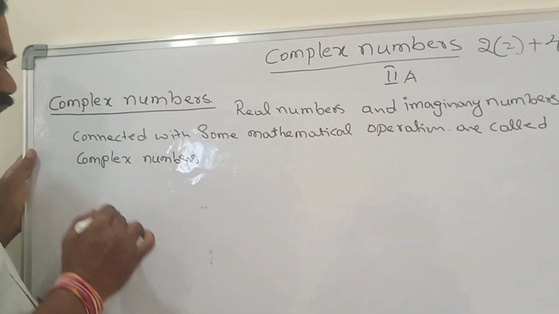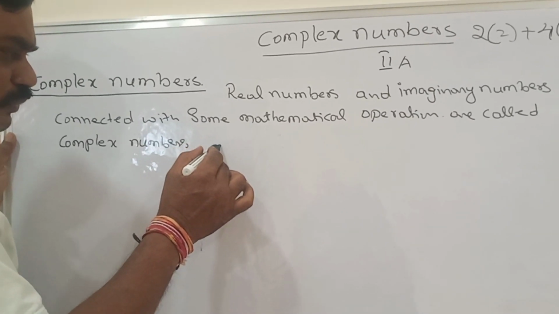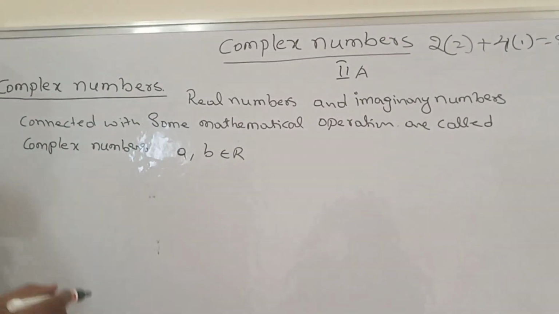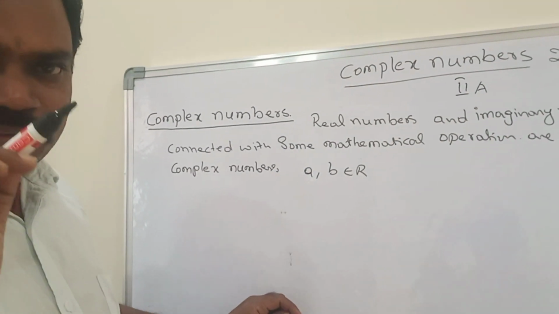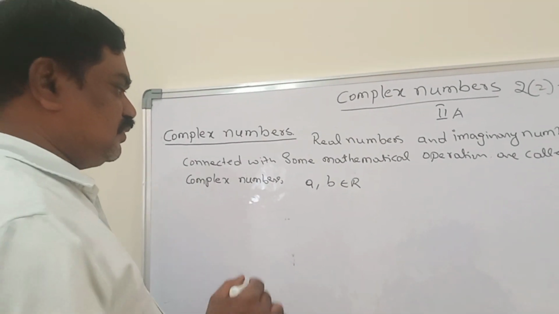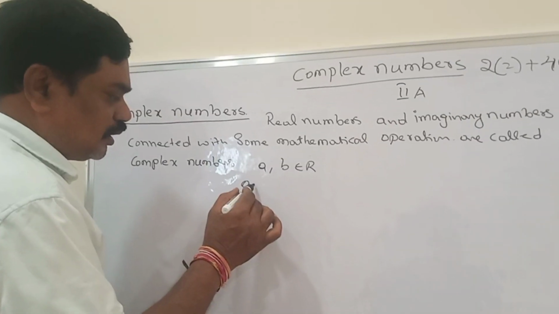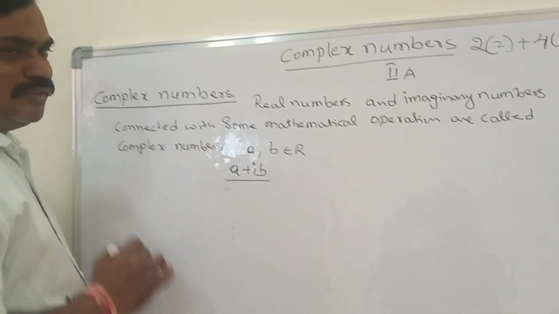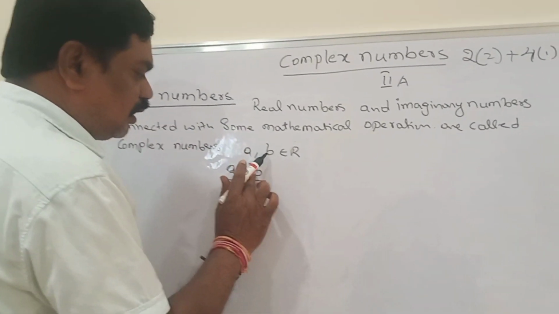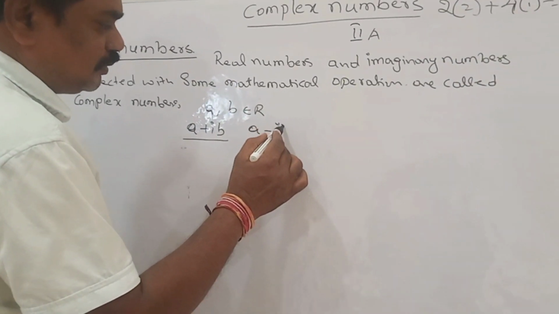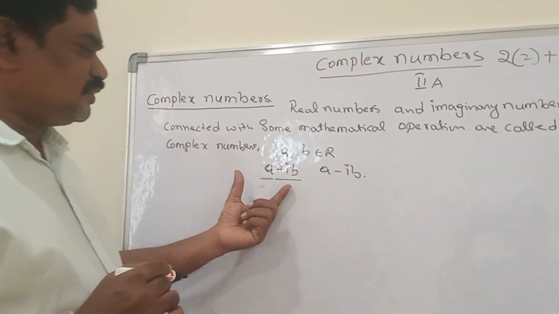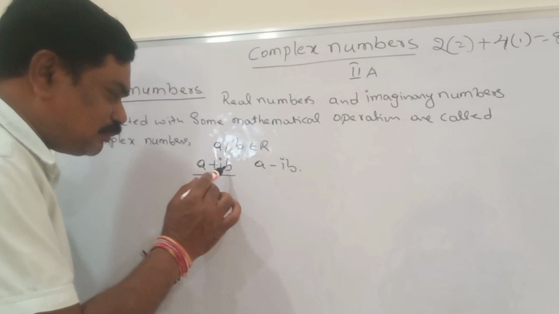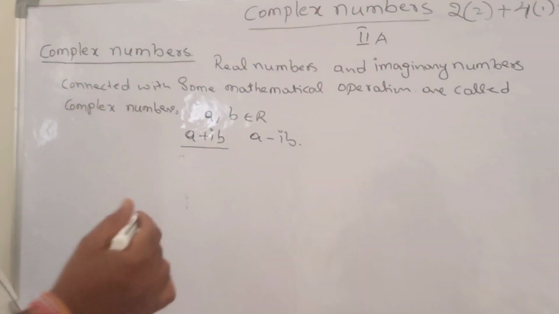Here you see, suppose a, b belongs to R, real numbers. Then the complex number is of the form a plus ib or a minus ib, where a, b are real numbers.